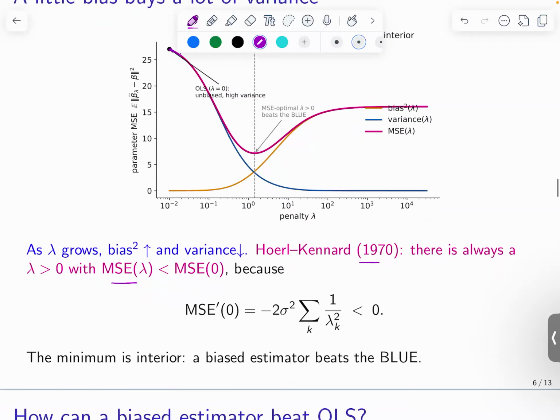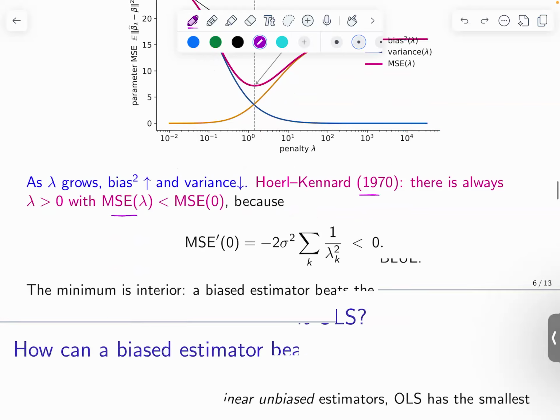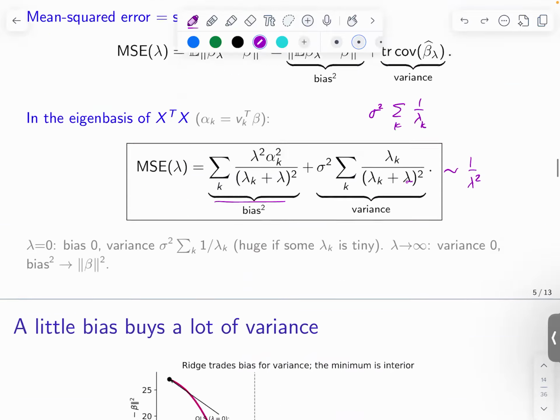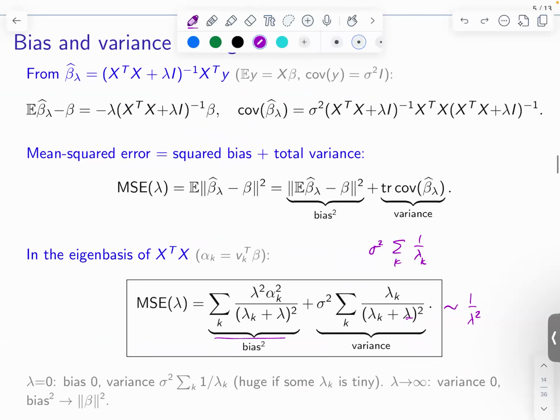So in other words, there's a biased estimator that beats the BLUE. If you remember, OLS is the BLUE, and the Gauss-Markov theorem was saying that OLS has some optimality: among linear unbiased estimators, it has the smallest variance. That is still true. Among all unbiased estimators, the MSE would be exactly equal to the variance.